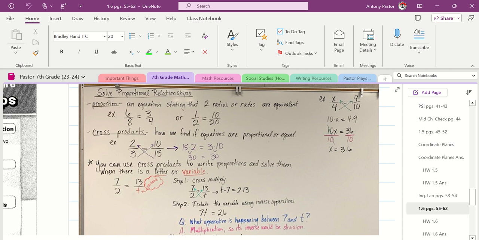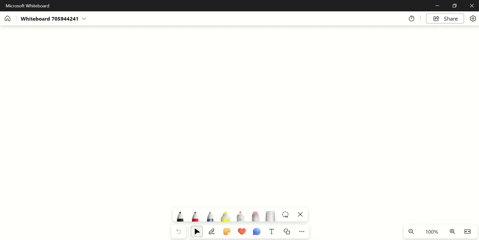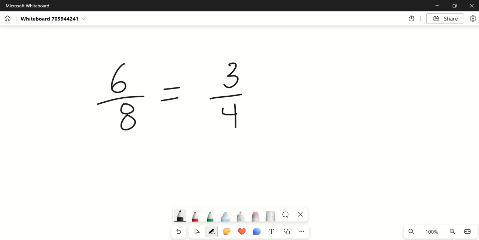So again, let me go ahead and start doing this on a board. So we're going to use the first example, which is 6/8 and 3/4. So we know these are equal because, again, if we multiply this by 2, we will get 6/8. So these are equivalent ratios.